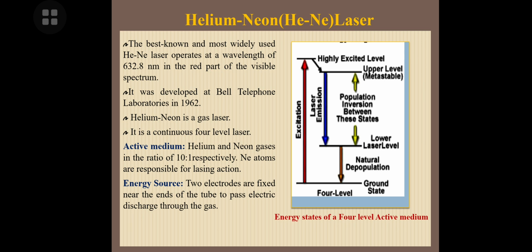Today we are going to discuss the helium-neon laser, its construction and working. The best known and most widely used helium-neon laser operates at a wavelength of 6328 angstroms, in the red part of the visible spectrum.